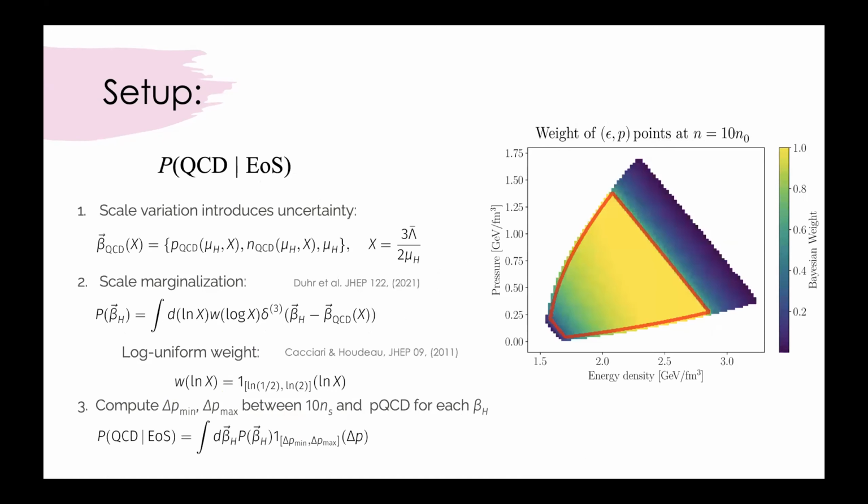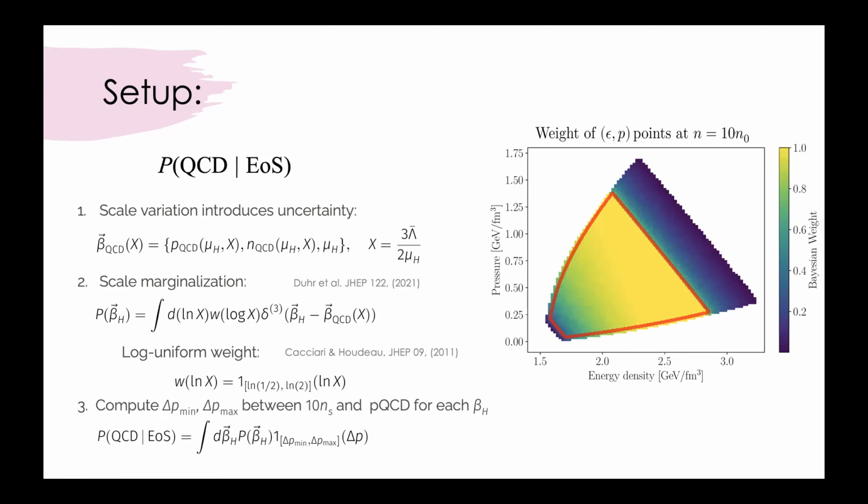Here are a few more details about the scale variation uncertainty. What we do in practice is that what we need from QCD is the triplet of the pressure, number density, and chemical potential at some given chemical potential. If we have chosen the renormalization scale and the chemical potential, perturbative QCD gives us a prediction of the two other variables.